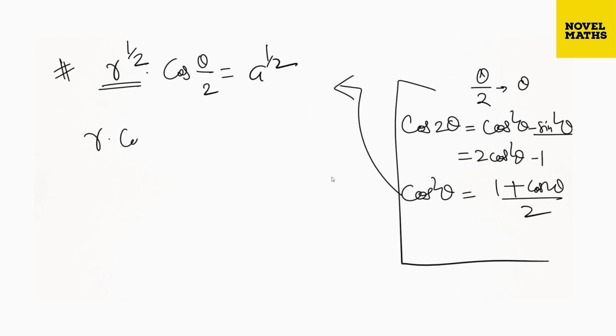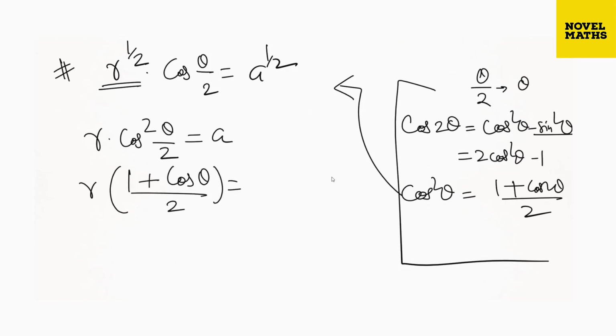r times cos square theta over 2 is a square, and this becomes r times (1 plus cos theta) over 2 equals a square, or r plus r cos theta equals 2a square. r cos theta is x, right? So you can write r equals 2a square minus x, and r is simply the square root of x square plus y square.